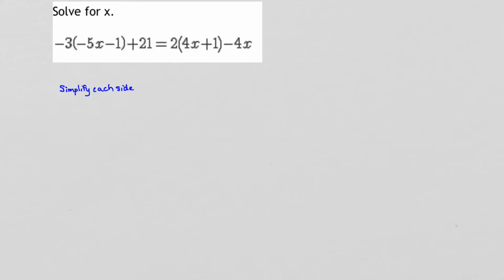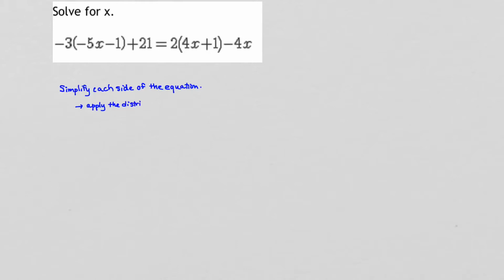Now, what does it mean to simplify each side of the equation? Well, there's two things involved when you simplify a side of the equation. It's like simplifying an expression. That is, we're going to apply the distributive property if it's applicable. So that's the first thing, apply the distributive property.